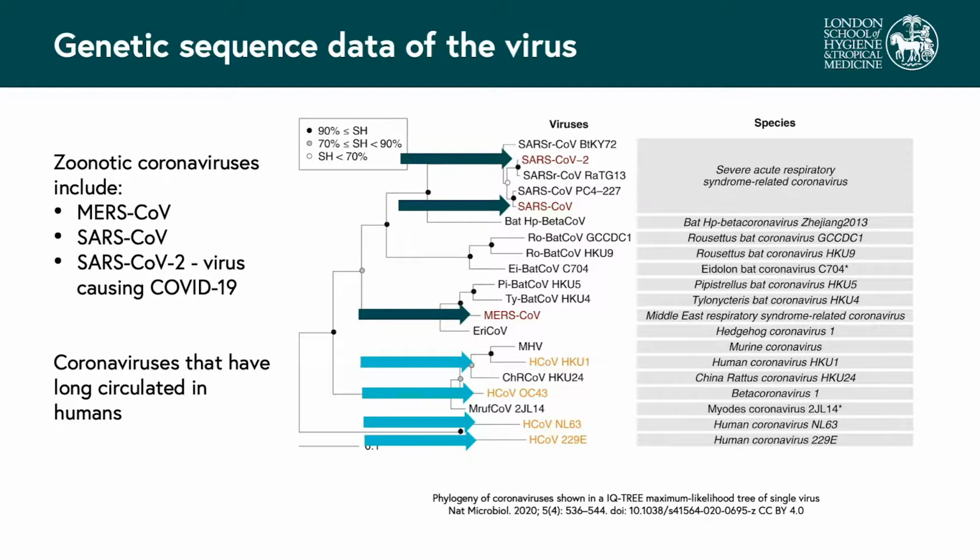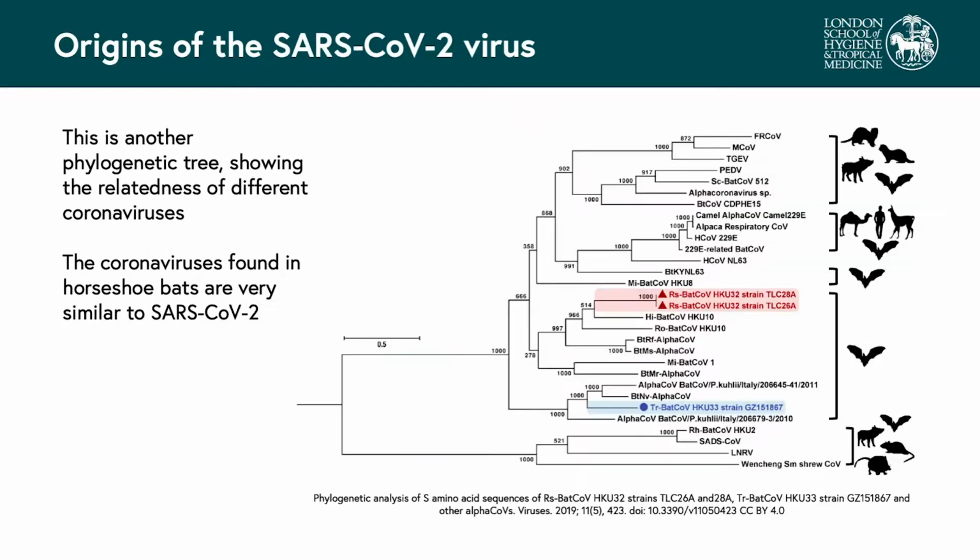We can also see in this tree the so-called human coronaviruses, which are commonly circulating in humans, and those probably originated from rodents, some in the historical past. If we look more carefully at the viruses most similar to SARS-CoV-2, we can see that they originated in horseshoe bats. And there's quite a diversity of these coronaviruses in horseshoe bats, and SARS-CoV-2 fits right into that.